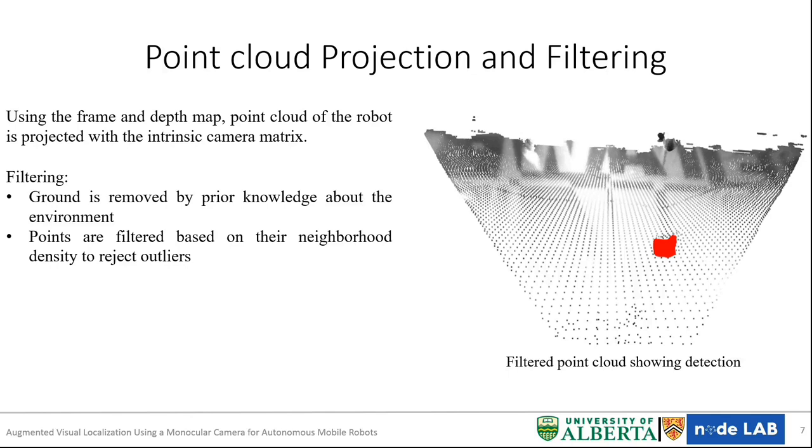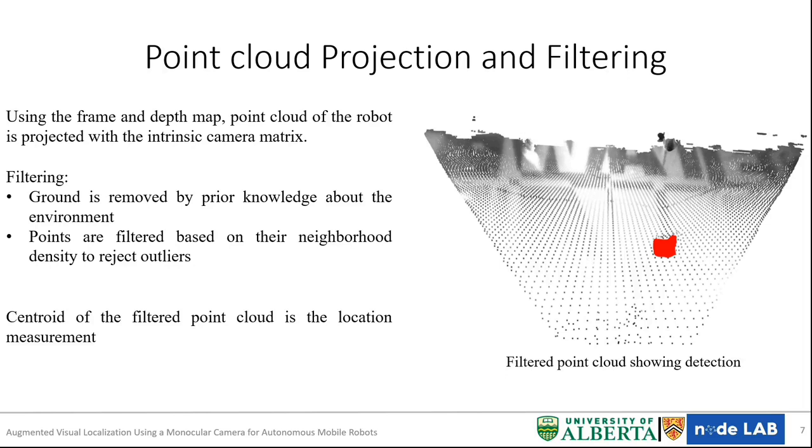And the second step is to get rid of other outliers that are in low density neighborhood areas of the point cloud. So simply put, any point that is far away from its neighbors is perhaps an outlier, and we can reject them by measuring the density of this point cloud.